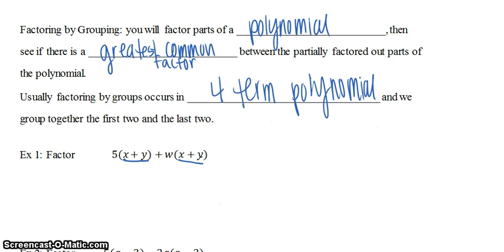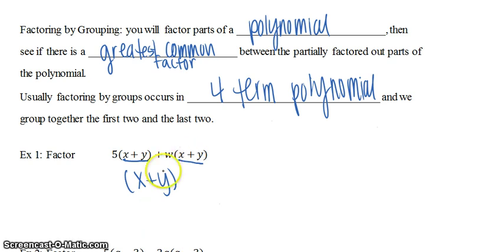If you're able to factor out a common factor and end up with 2 binomials, then that will be your first factor. So you're going to say x plus y is my first factor. You're not going to put it twice; you just put it once.